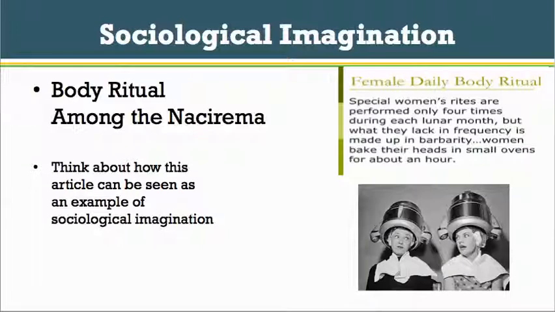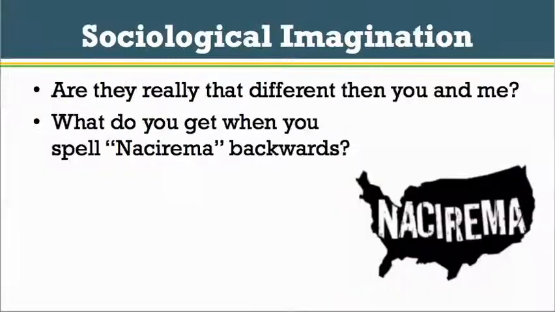Think about this article as an example of the sociological imagination. So my question to you is, are the Nacirema so much different than you and I? Because when you spell Nacirema backwards, what do you get? American, right? So I want you guys to think about this article as an example of sociological imagination, and think about when you were reading it.